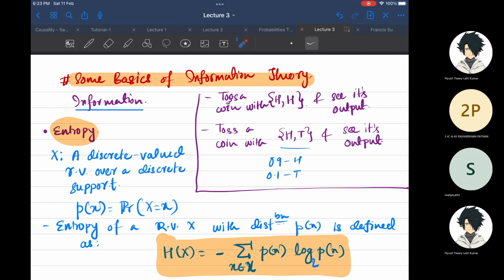The next thing that we saw was, I changed the situation and said, let's say there are two outputs, heads and tails, and I get heads with 0.9 probability and tails with 0.1 probability. Now you can see that there is some uncertainty, because I cannot be 100% sure that the output is going to be heads or tails. We don't know that.